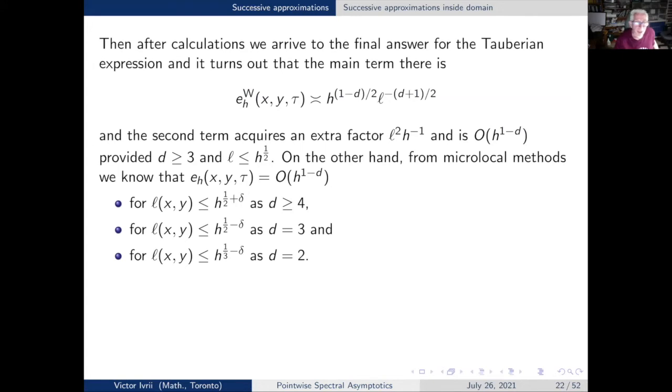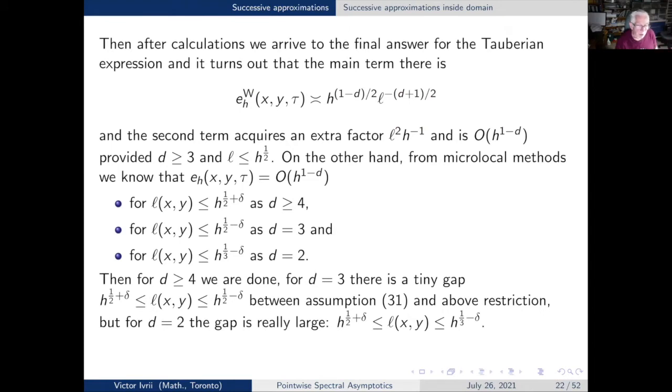On the other hand, we know those things, I remind you. And then for d greater than 4, we are completely done. For d equals 3, there is a tiny gap like this between these assumptions and the above restriction. And for d equals 2, the gap is really large. L is between those values.